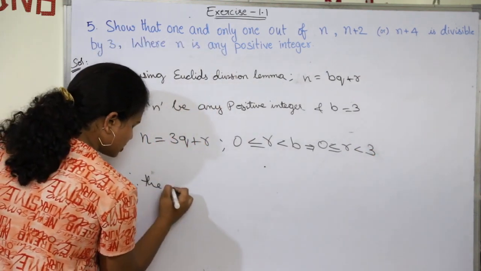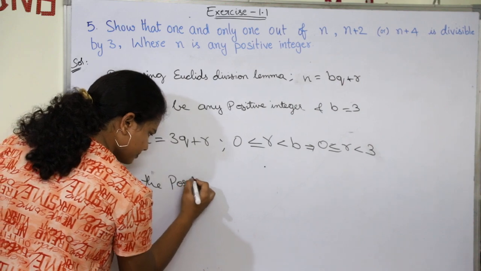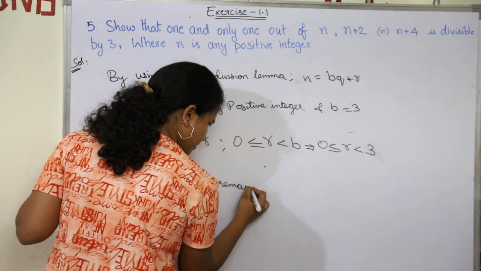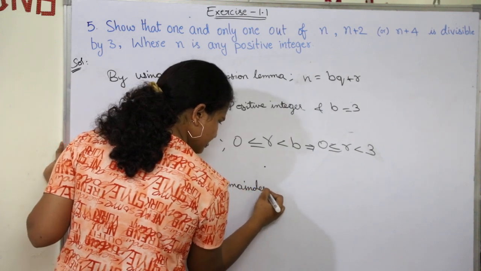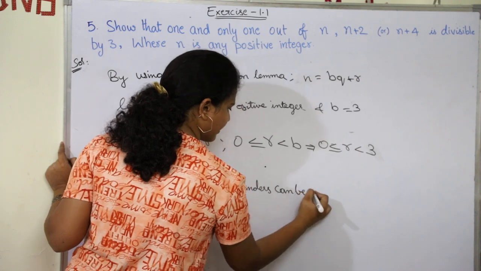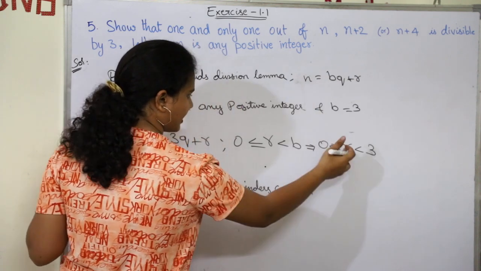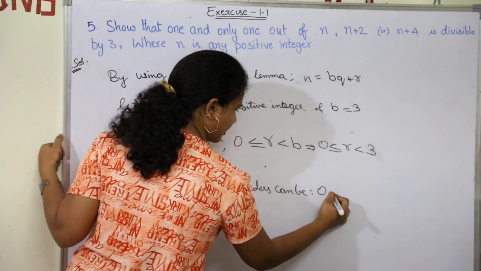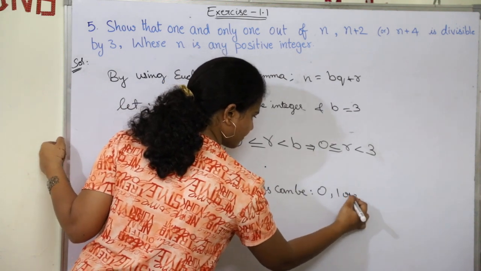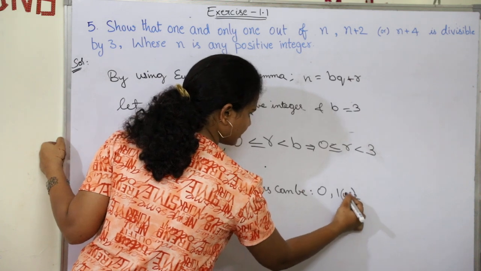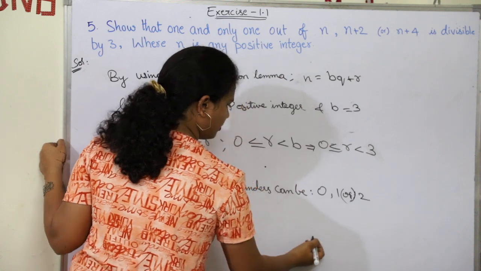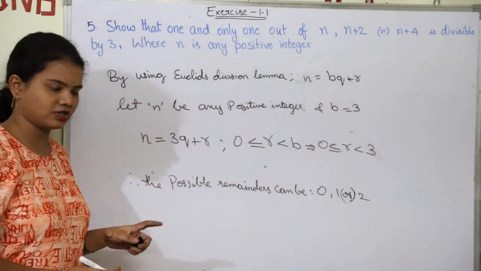Therefore, the possible remainders can be 0, 1 or 2.